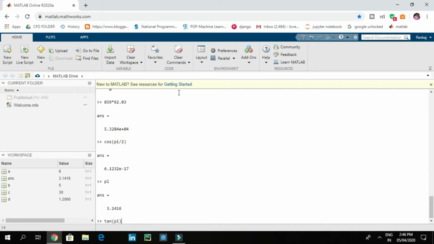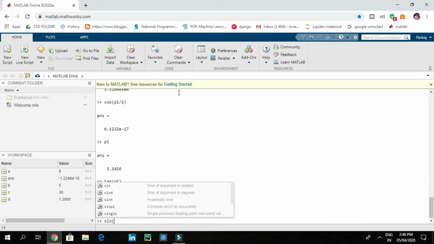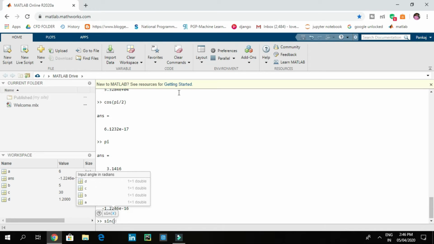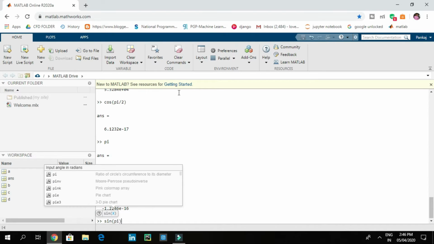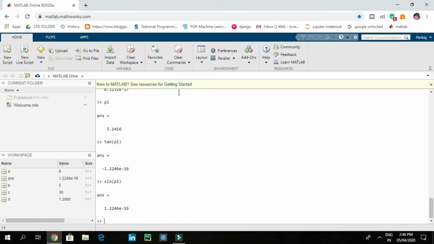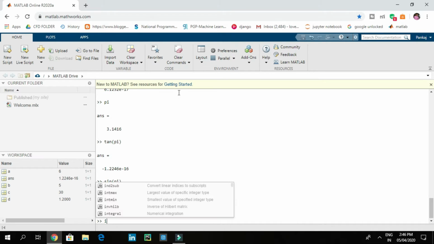So let's try tan pi, it gives value of tan pi, means tan 180 degree. Sin pi, like that it gives sin, cos, tan, cot, all trigonometric functions, means we are able to use all trigonometric functions in MATLAB.